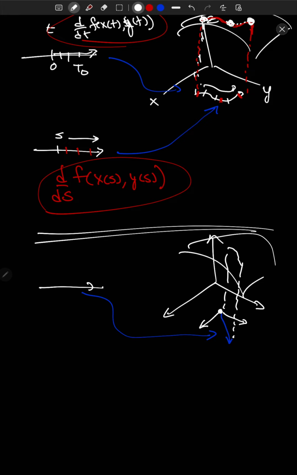When I do the derivative of this composition, let me call that t. We're doing df/dt, again, f of x of t, y of t. That's actually going to represent how my function changes as I move along this blue arrow here.